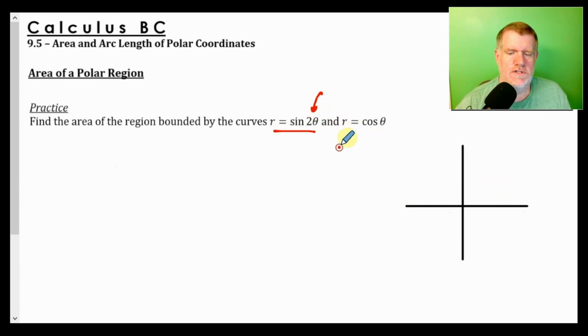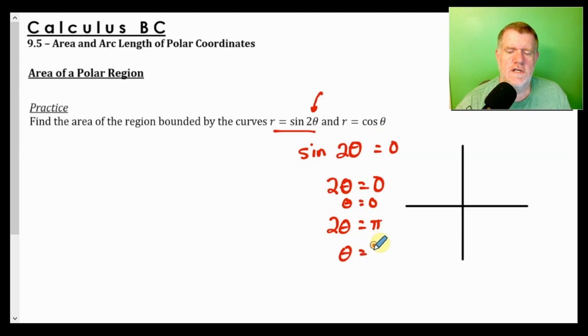Well, it's a sine of 2 theta, I'm sorry. Where does that equal 0? That equals 0 when 2 theta will equal 0, or when 2 theta will equal pi. So in this case, 0 is where we start, pi over 2 is where it comes back.